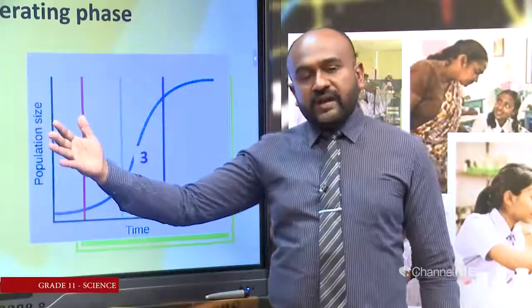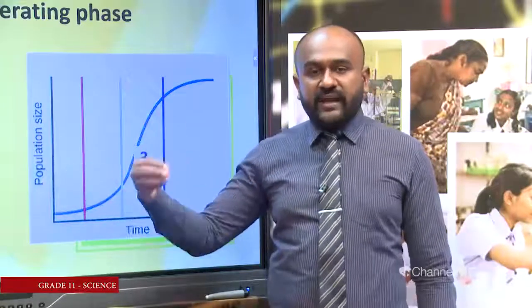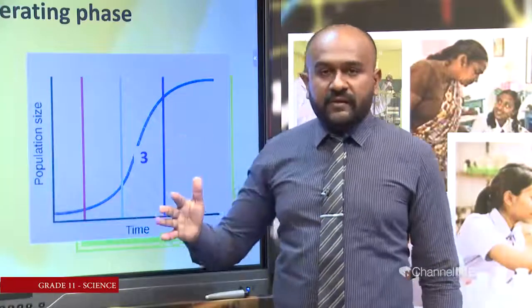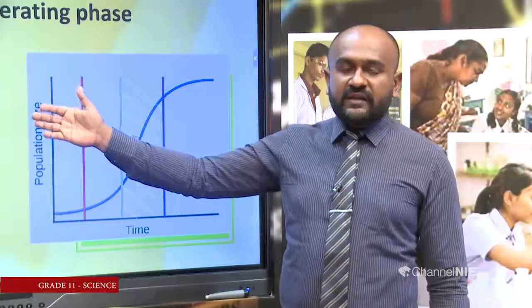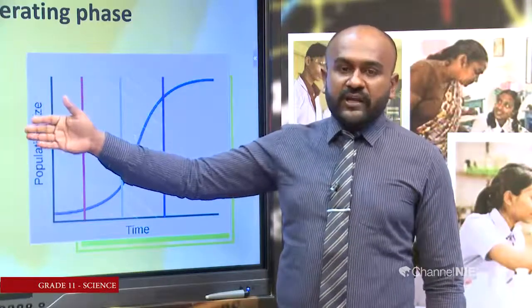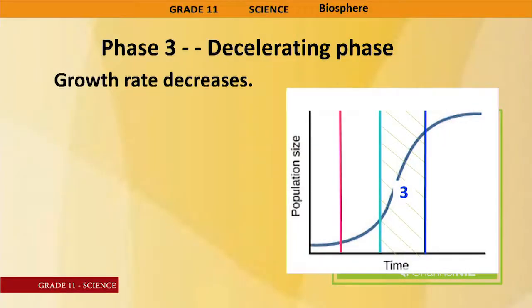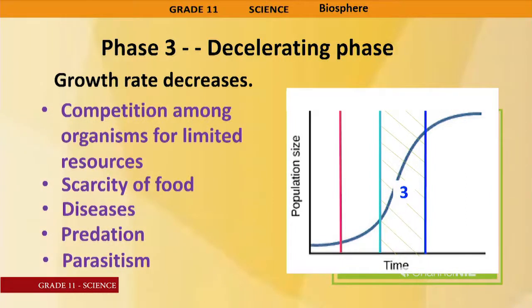As the number is high, competition is high, with lack of space, lack of food, lack of water. Because of all these things, the growth rate decreases. That is why we see a decrease in the growth rate in the decelerating phase, as you see on the graph. Let us see the reasons again: competition among organisms for limited resources.